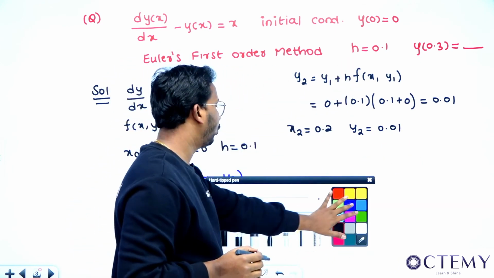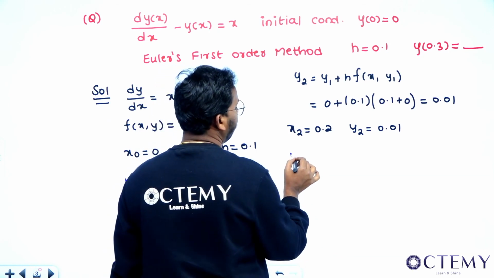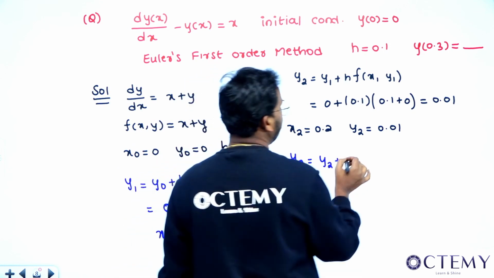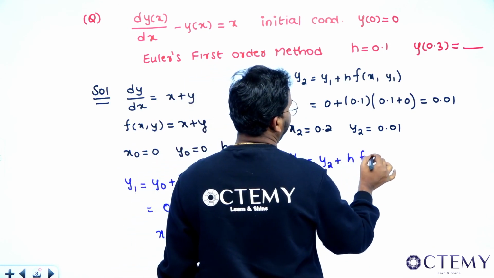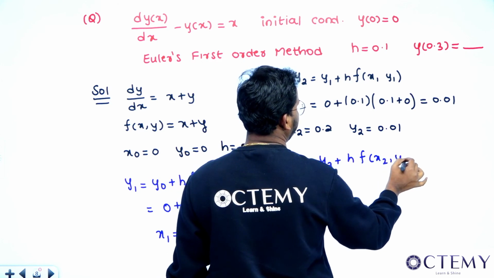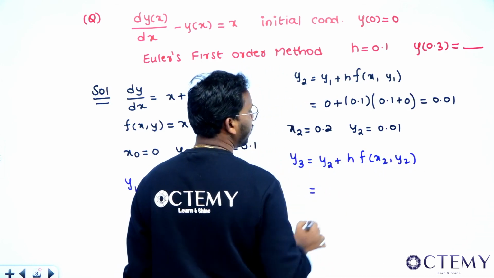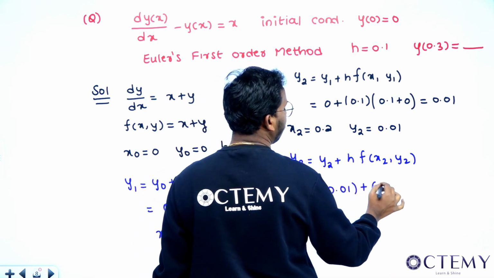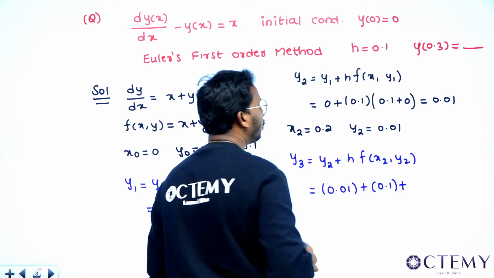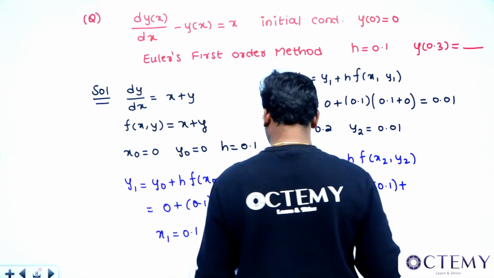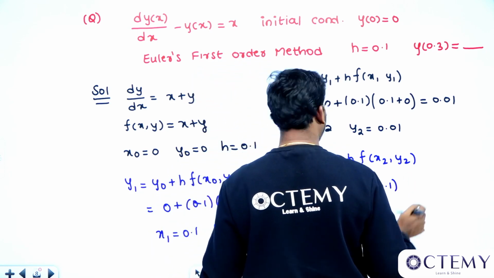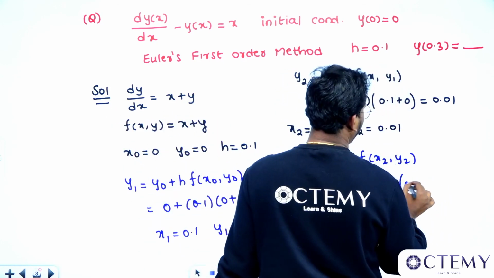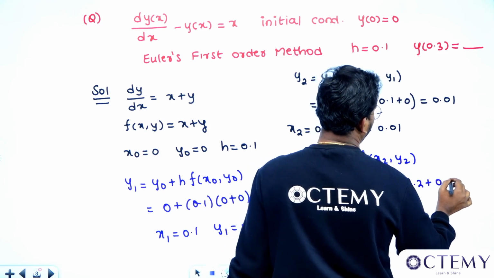So one more step I have to do, y3. y3 is equal to y2 plus h into f of x2, y2. So y2 is 0.01, plus h is 0.1, into x2 plus y2, where x2 is 0.2 plus 0.01.